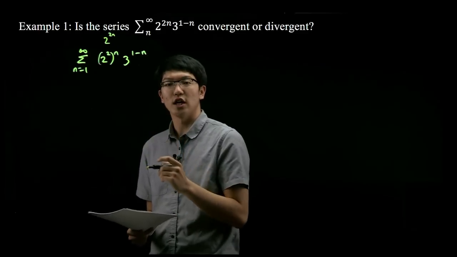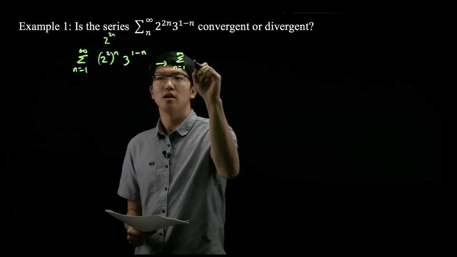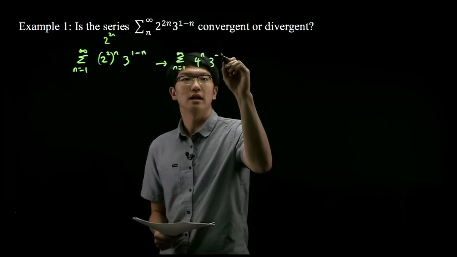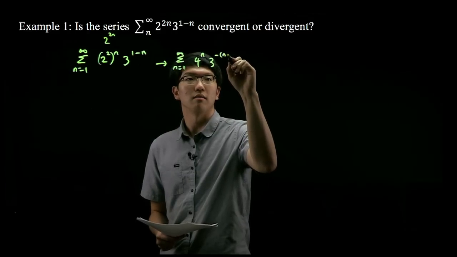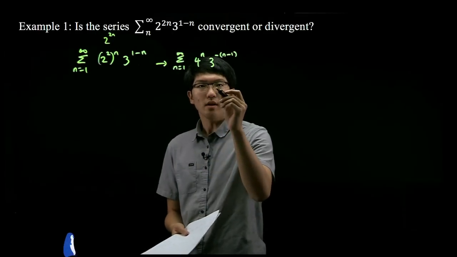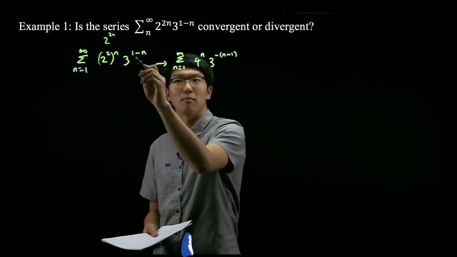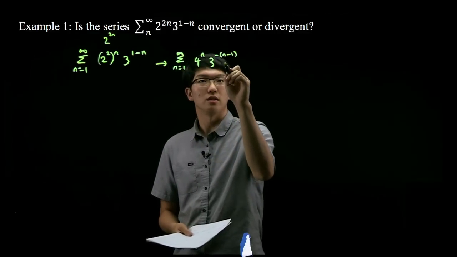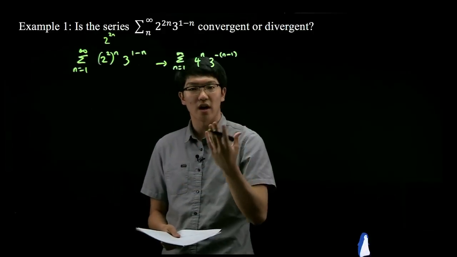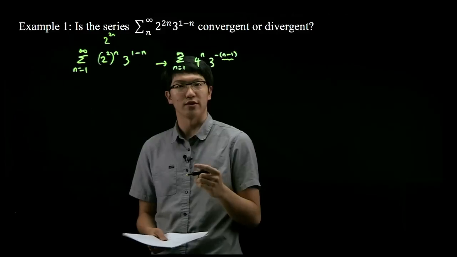So we have to change this by writing this as, so let's write 4^n, and then 3 to negative (n minus 1). And so notice that I'm just changing the way I write 1 minus n. Parenthesis n minus 1 with the negative in front is basically 1 minus n, but I'm changing the way I write so that I can have n minus 1, which would tell me that it's a geometric series.